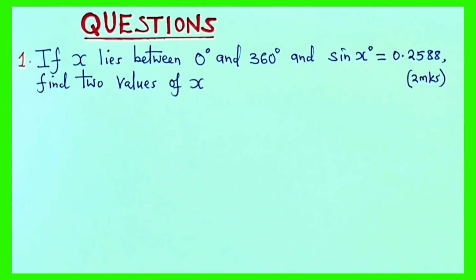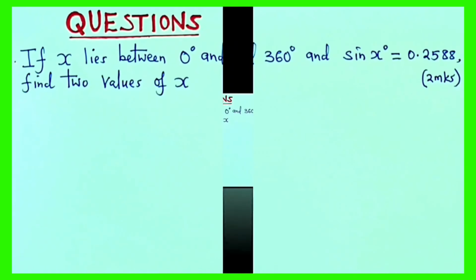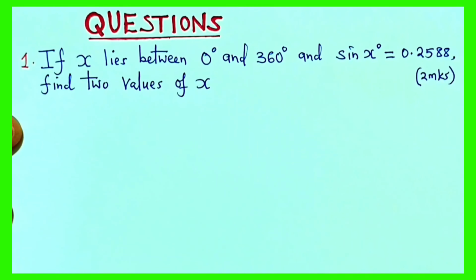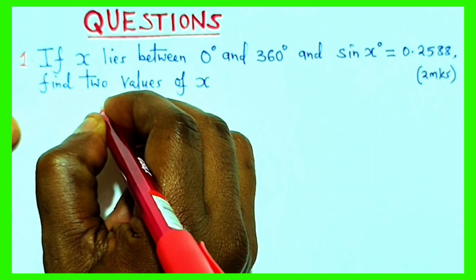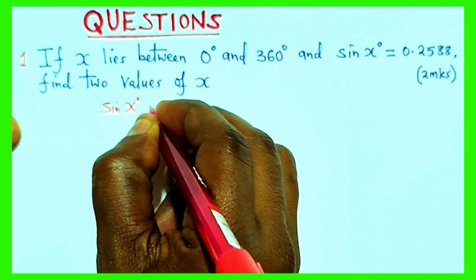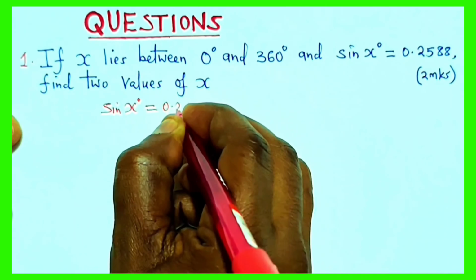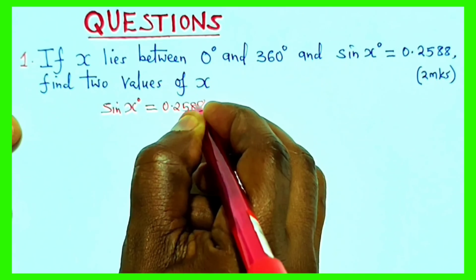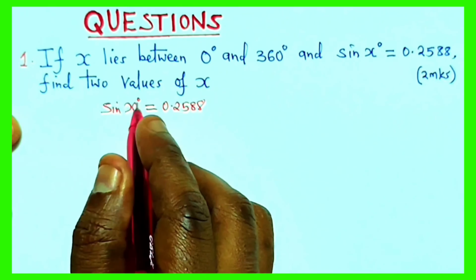Questions. Number 1. If x lies between 0 degrees and 360 degrees and sine x degrees will be equal to 0.2588, find the two values of x. 2 marks. Solution. So we are going to consider that sine x degrees being equal to 0.2588, we are going to find the value of x.